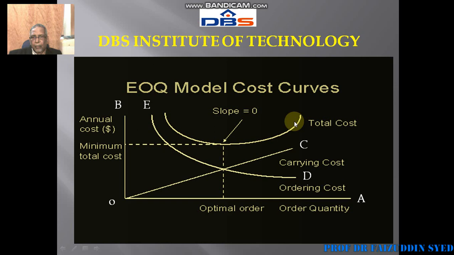This is the total purchasing quantity and the total annual cost which has occurred. And the optimal order we got is the order we can place to get the best benefits in a more economical way.